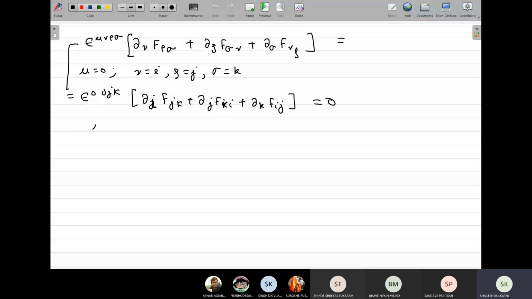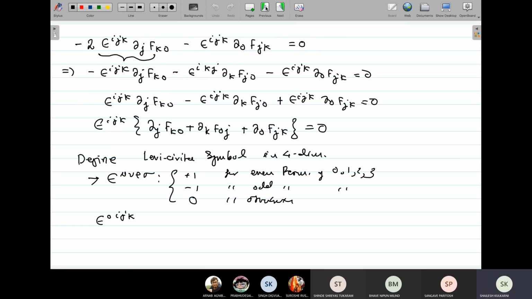And if I put μ equal to i, then 0 can occur at any of these indices. So ν can be 0, or ρ can be 0, or σ can be 0. For μ equal to i, one can show that this equation reduces to this relation, this curl relation. I will do it next time.